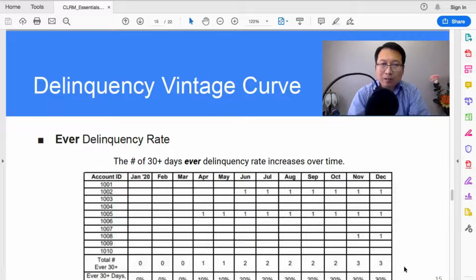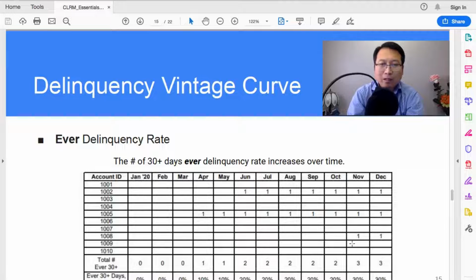It means you used to be 30 plus days delinquent. That's the reason you see for account 1002, once it became 30 plus days delinquent in June, in all the subsequent months the flag is on, right? So it's all value 1. Same thing for 1005. After April, all the indicators are 1, regardless of whether you are current or not.